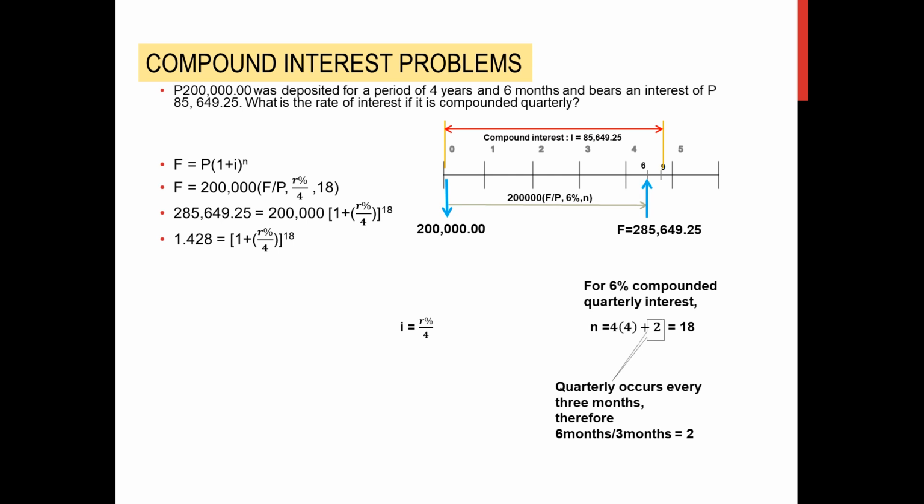And then the remaining is 1 plus R over 4 raised to 18. And then we will eliminate the exponent here by raising it to 1 over 18, raised to 1 over 18. Okay.